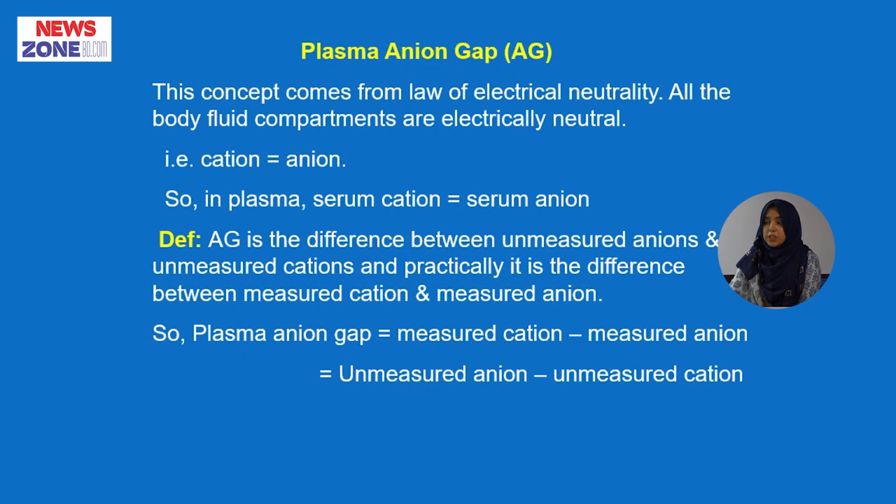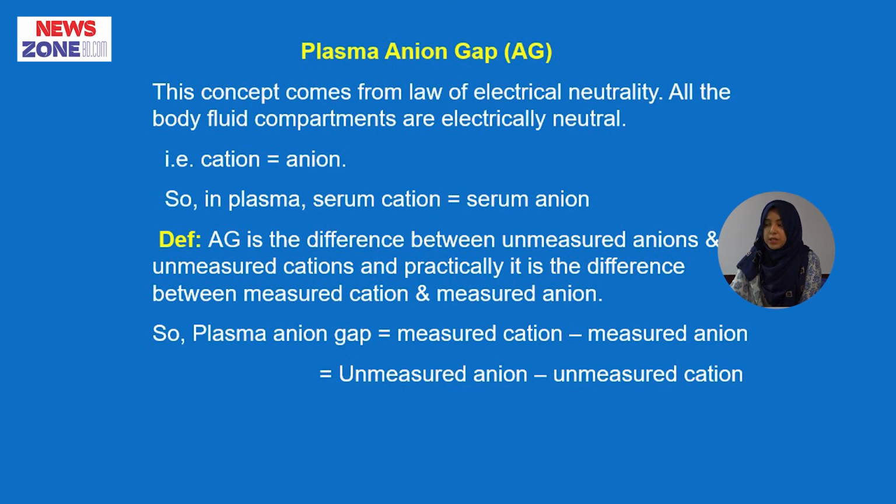What is plasma anion gap? This concept comes from the law of electrical neutrality. All the body fluid compartments are electrically neutral. That means cation is equal to anion. So, in plasma, serum cation is equal to serum anion.